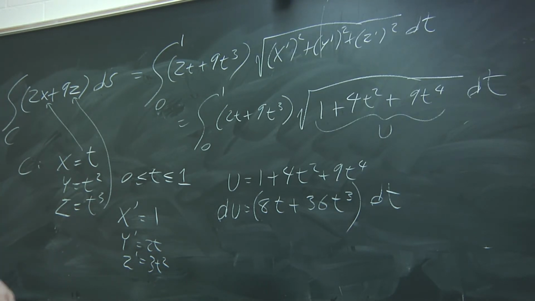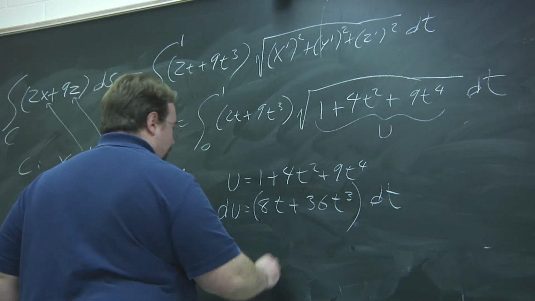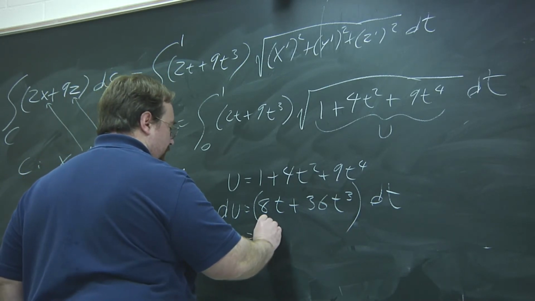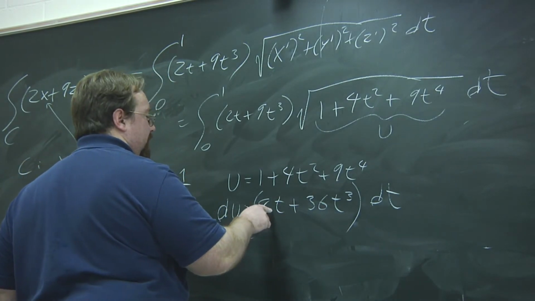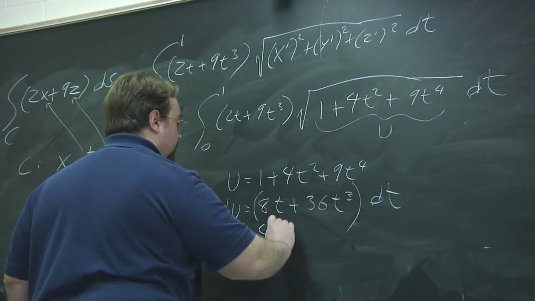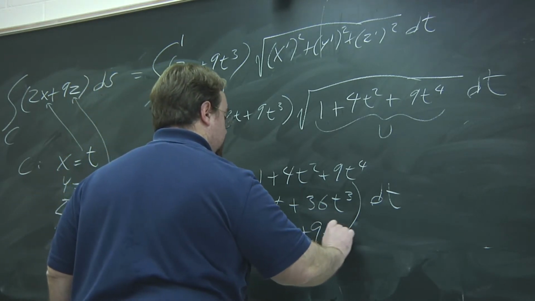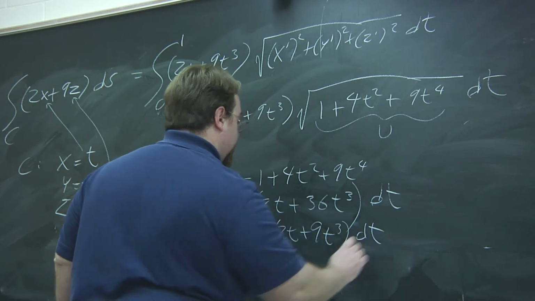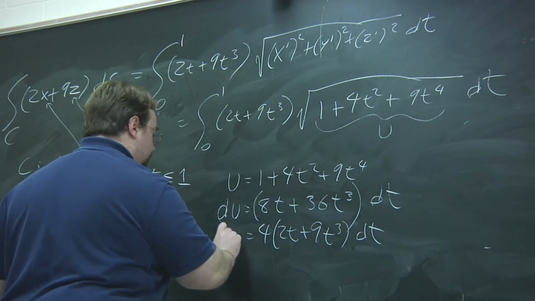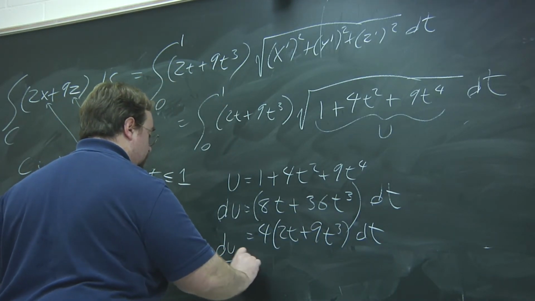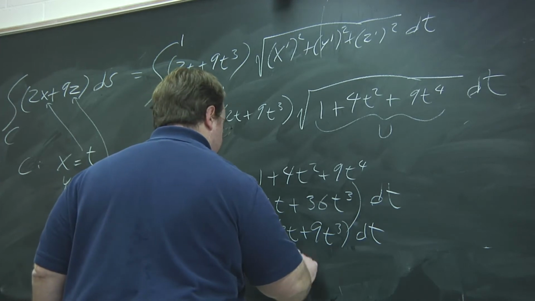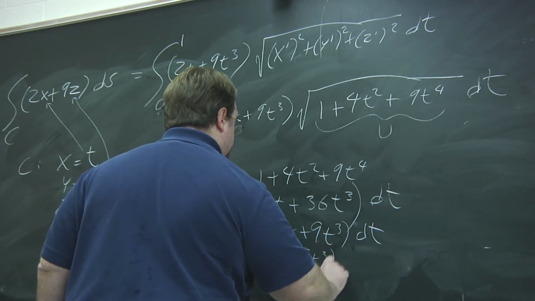Yeah. Okay. So for convenience, I'm going to pull out, since we see that this is 4 times this, I'm going to pull out a factor of 4. So now du over 4 is exactly the factor we're trying to get rid of.